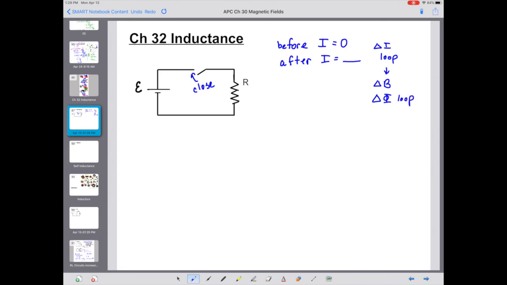And if you have a changing flux in that loop, we induce an EMF. We'll stay in the algebra range here. We induce an EMF, emphasizing Lenz's law, the negative. We induce an EMF that fights the change that caused it.